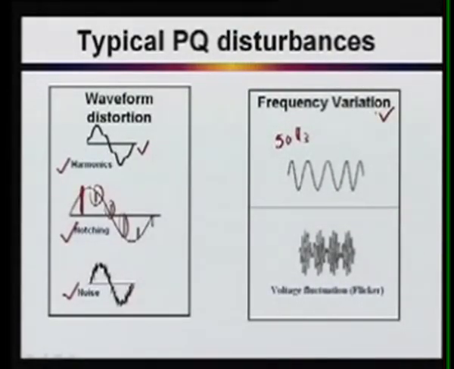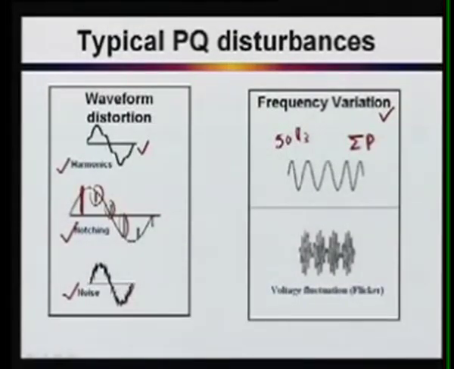Normally, whatever power we are generating must be utilized at the same time. The summation of power generation must be equal to the summation of demand plus some losses in the system. But suppose your demand is more than your generation, what will happen?